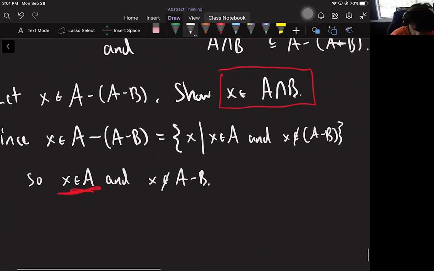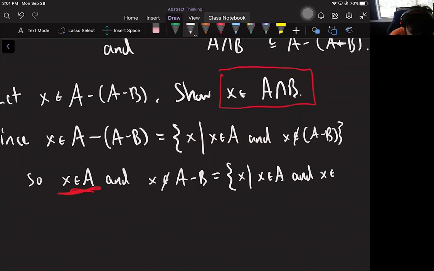Okay, so that means I should elaborate upon what it means for it to not be in A minus B. So let's think about that. To not be in A minus B, what is that? That's the set of stuff which is in A, and it's not in B, right?